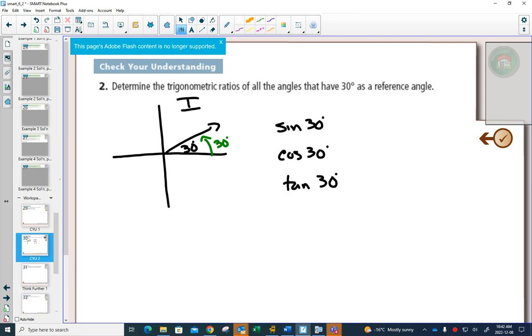We would look at our special triangle that we just made. So you might want to earmark page 440 so that you can turn back to it quickly. And you'd say, oh, well, on my special triangle, sine of 30 degrees was 1/2, cos of 30 degrees was root 3 over 2, and tan of 30 degrees was root 3 over 3.